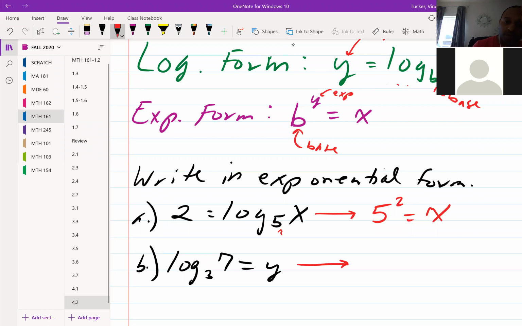For the next one, log base 3 of 7 equal to y. Same thing here, write down your base first, which is 3. The 7 is next to the 3 in the log relationship. So in the exponent relationship, it should be the y that's next to the 3. And then the 7 is on the other side by itself.